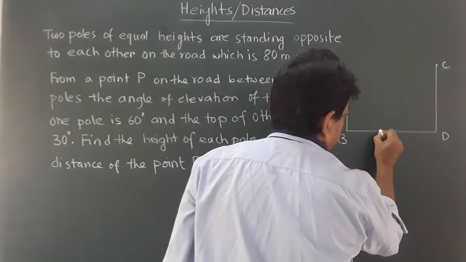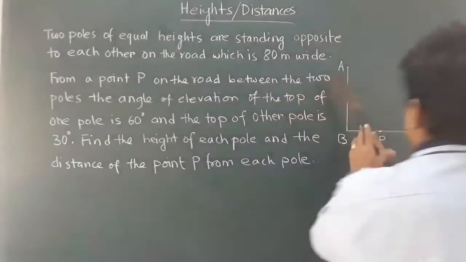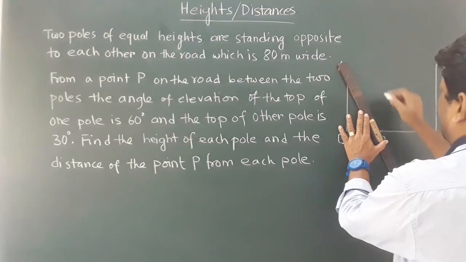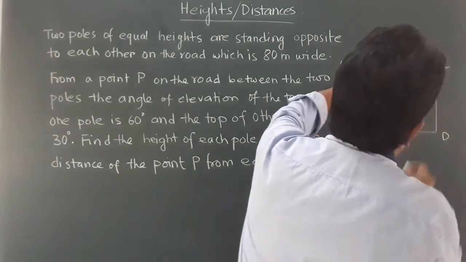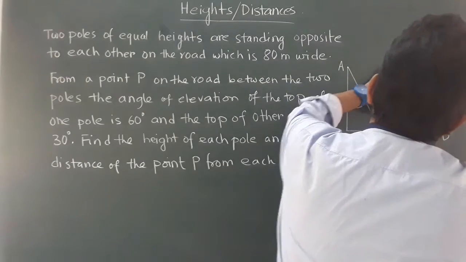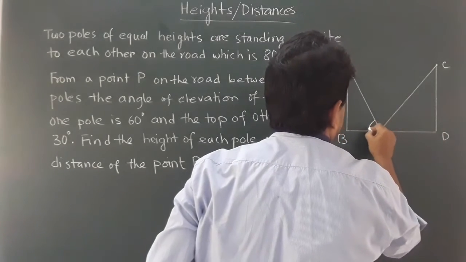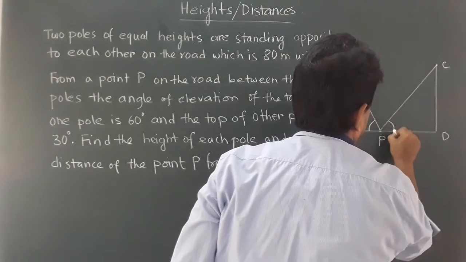On BD there is a point P. From P the angle of elevation of A is 60 degree and the angle of elevation of C is 30 degree. This is 60 degree and this is 30 degree.